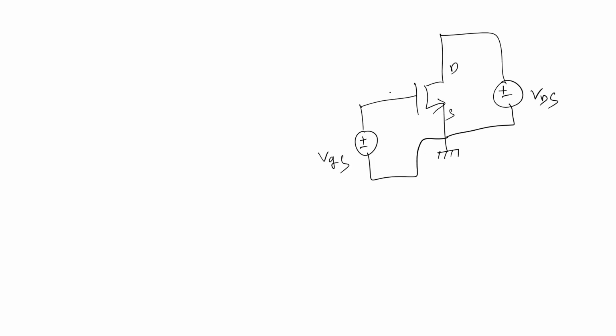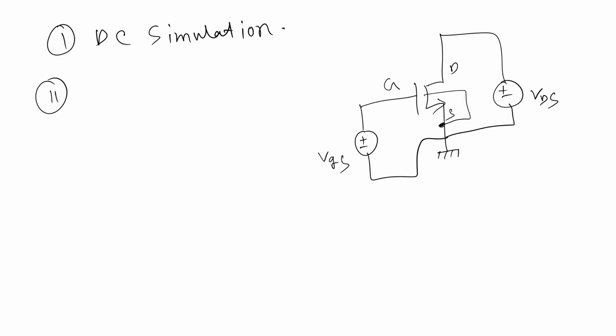This is source, this is drain, this is gate. Whenever we characterize the MOSFET, we generally do a DC simulation to extract the MOS parameters, and secondly, we use VGS as a sweep variable.